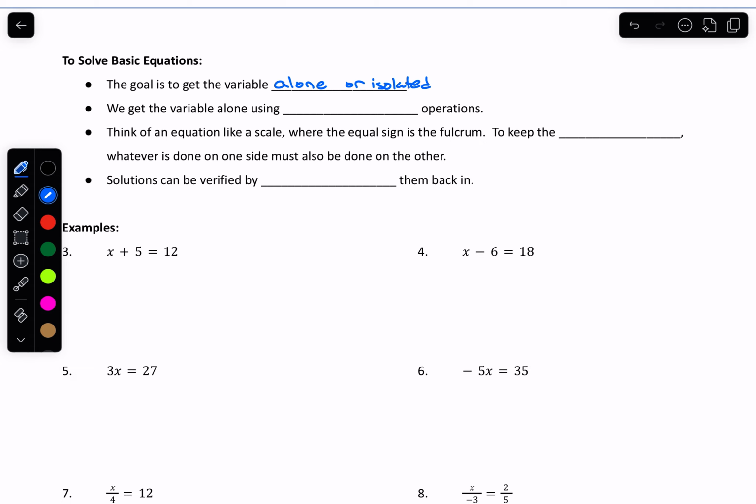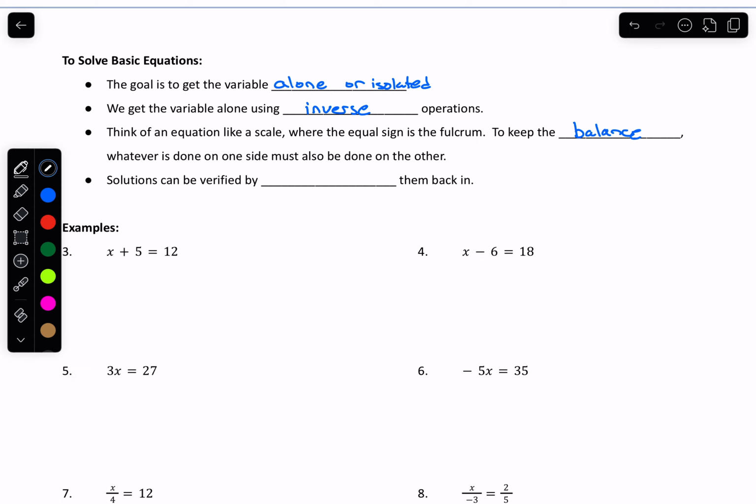And we get the variable alone or isolated by using inverse operations, meaning we do the opposite of whatever's currently happening in the problem. And so what you should do is think of an equation like a scale where the equal sign is the fulcrum. And what we want to do is to keep balance. Okay, so to keep balance, whatever is done on one side must also be done on the other.